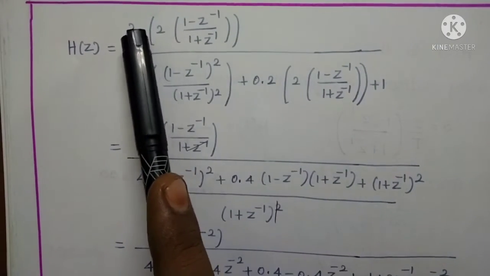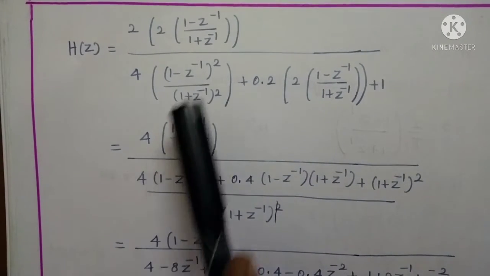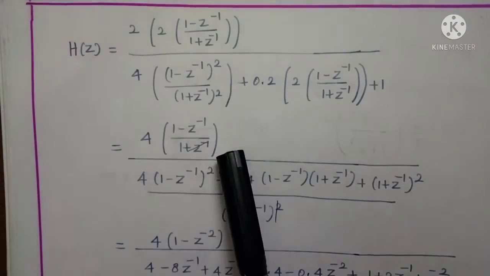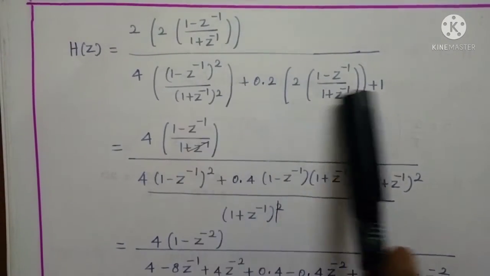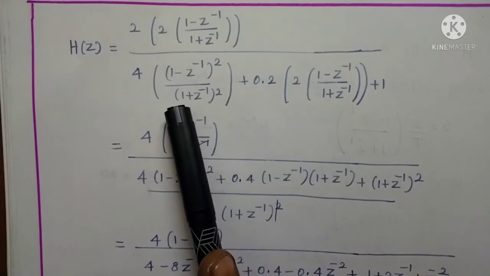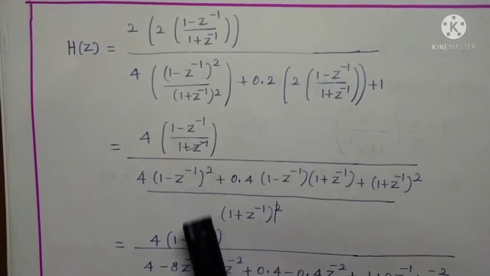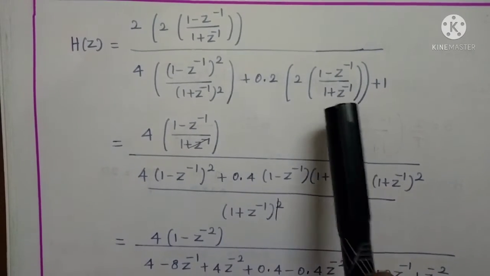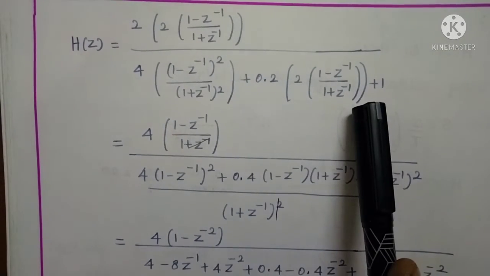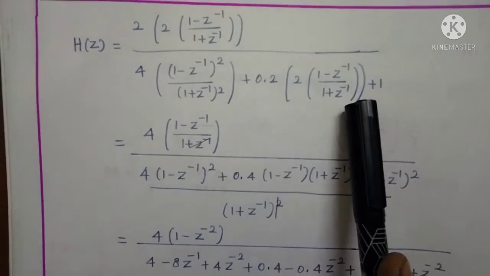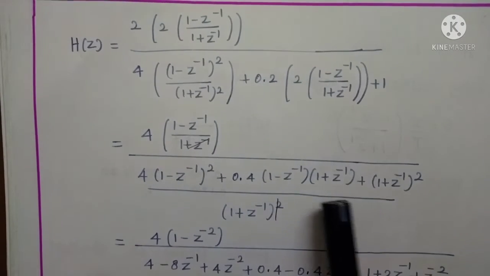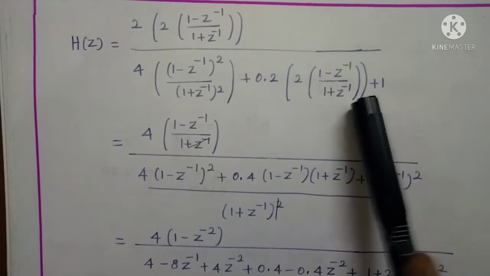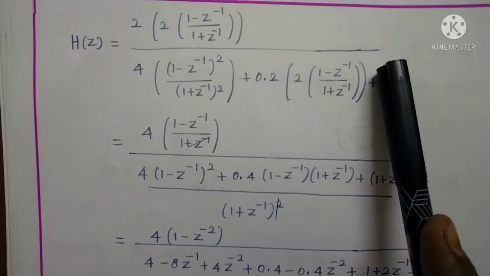So in the numerator, 2 into 2 you will get 4. Leave the other terms as they are, that is 1 minus z inverse divided by 1 plus z inverse. Here we have to take the LCM as 1 minus z inverse the whole square. In the second term we have only 1 plus z inverse, so we have to multiply 1 plus z inverse in the numerator, and here we have 1 only.